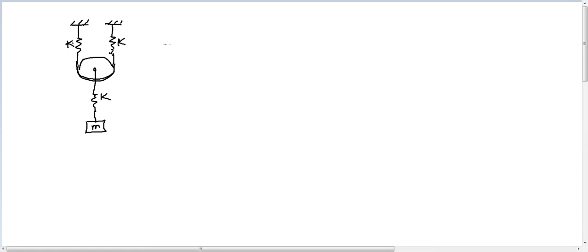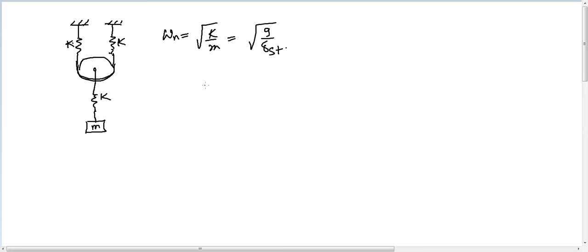The omega n for this case is nothing but square root of K by M. This also can be written as square root of g by delta static.